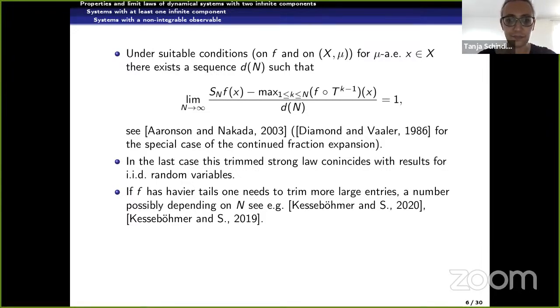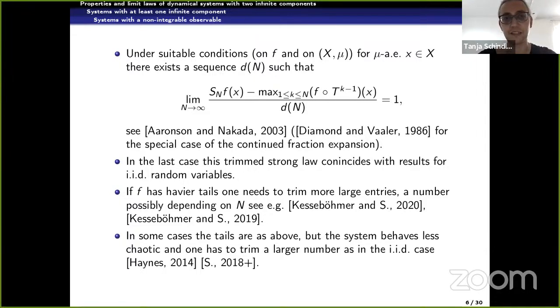And in some cases, it might also be the case that we have the same distribution function as in this case, but we have to remove still more large entries because the system simply doesn't mix nicely.